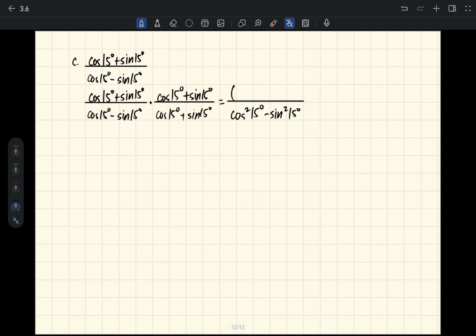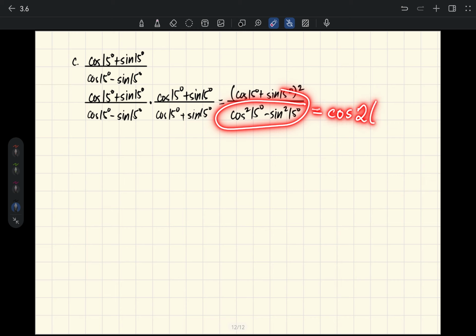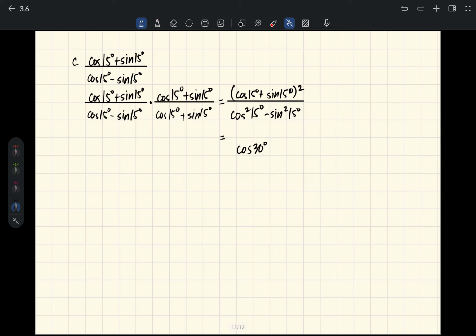So let's just write it for now as (cosine of 15 degrees plus sine of 15 degrees) squared. Then for the denominator, recall, this is just your double angle for cosine. So that's the cosine of 2 times 15 degrees or cosine of 30 degrees. So in the denominator, you have cosine of 30 degrees.